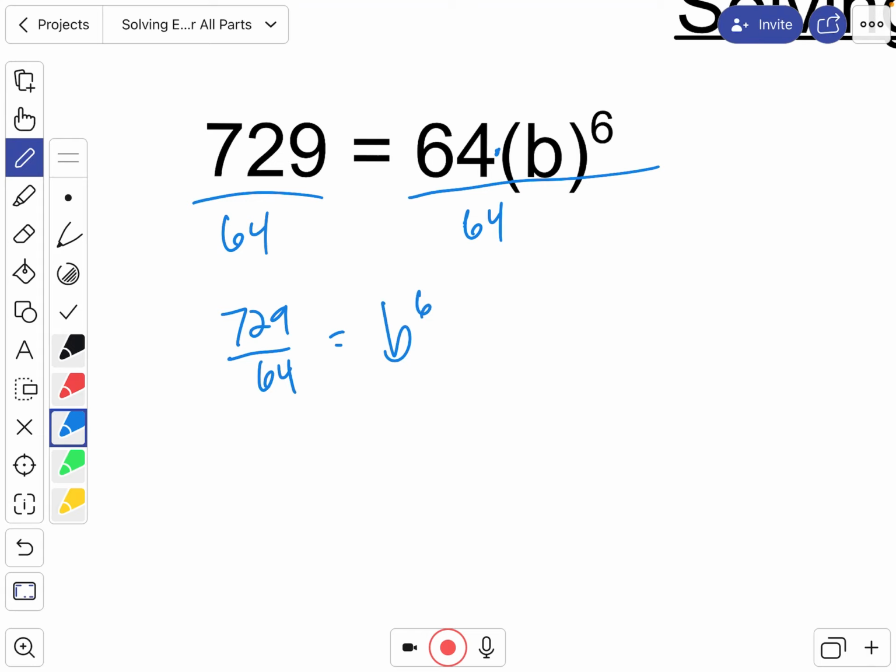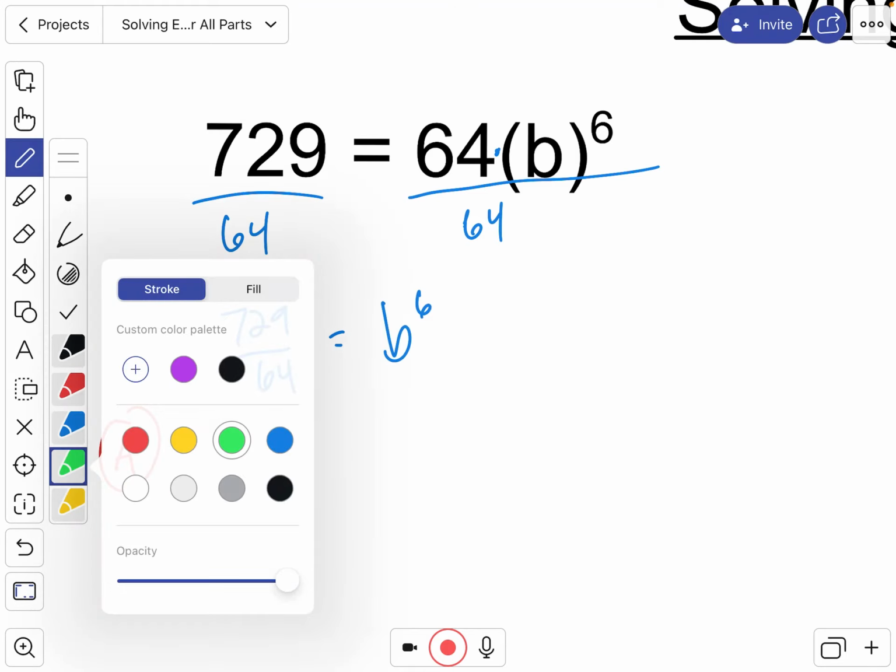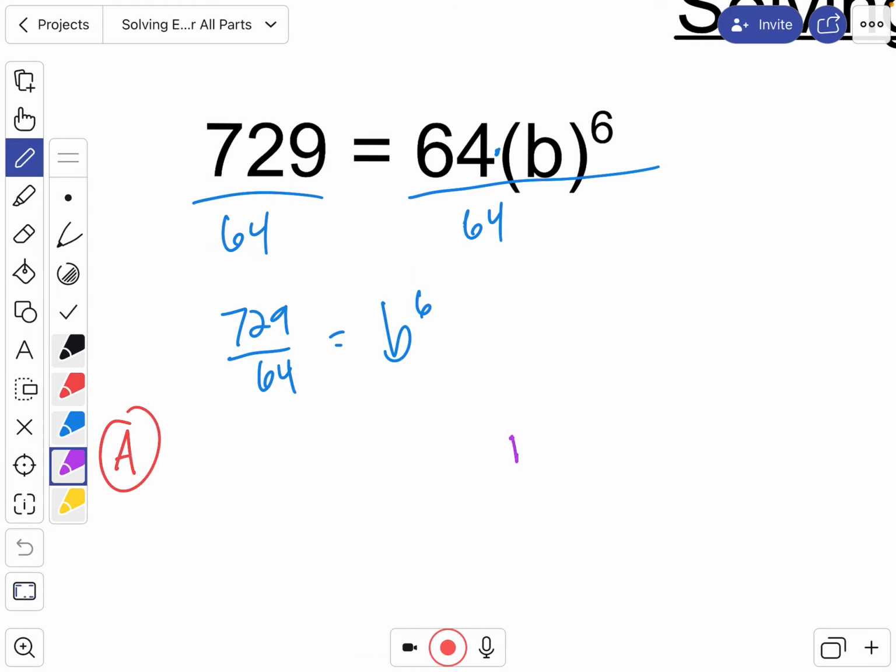Now, there are a couple different ways we can go. We're going to do two different options. So I'm going to say, here's part A on how to solve it, and then we'll do part B. Let me grab purple. So for part A, what we're going to do is I'm going to rewrite it, 729 over 64 equals b to the 6th.